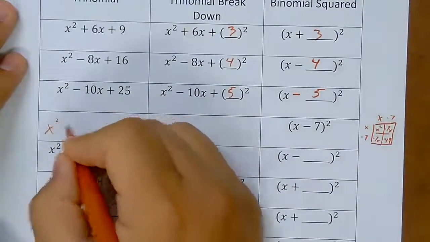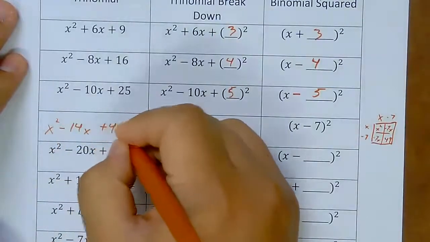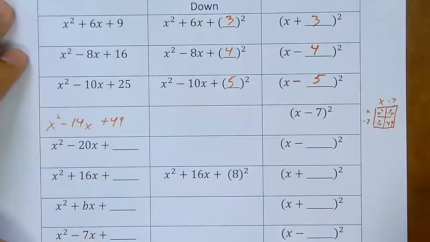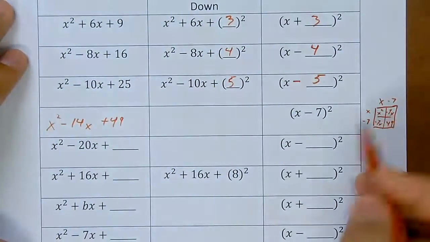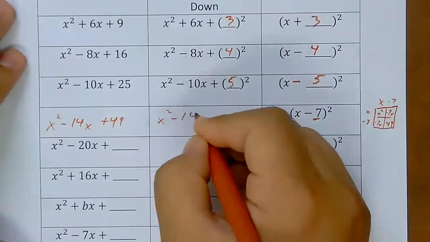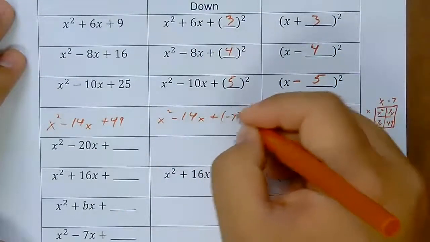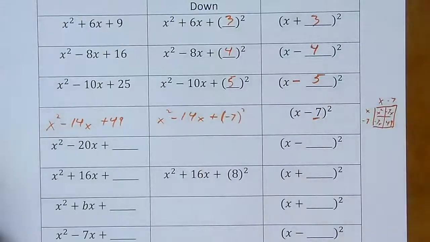So this is going to be x squared minus 14x plus 49, which we know, because this is going to be x squared minus 14x plus, I'm actually going to write it as negative 7 squared. Negative 7 squared is the same as 7 squared, but there's a small distinction.